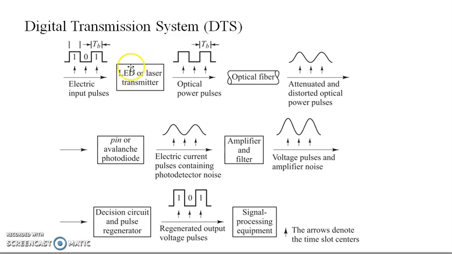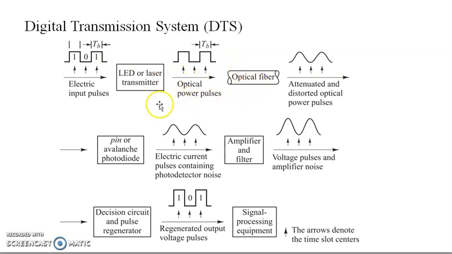These 0 and 1 are the two binary levels of the data to be transmitted. The electric input pulses, with some level for 1 and 0, are given to your LED or laser, which is the transmitter portion of your digital transmission system, and the source couples the optical power into a fiber.